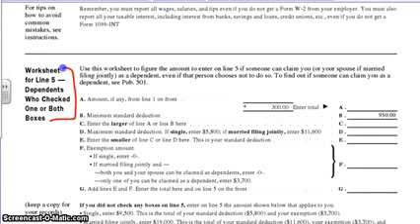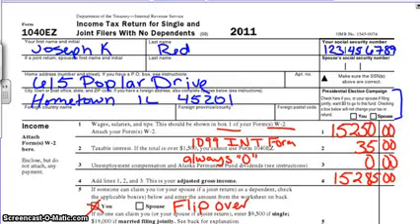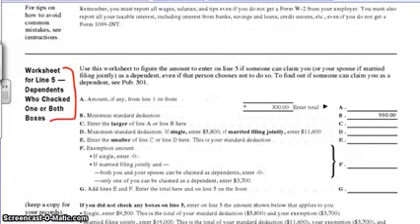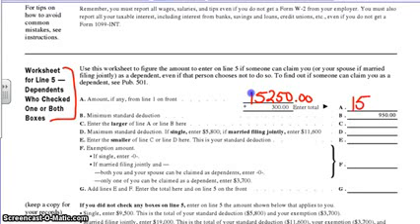It says amount, if any, from line 1 on the front. So line 1 stayed $15,250. Let's write $15,250. Okay? Now they've given us a $300 addition to just automatically add to that. So $15,550 is our total for line A. Line B gives you a standard deduction of $950.